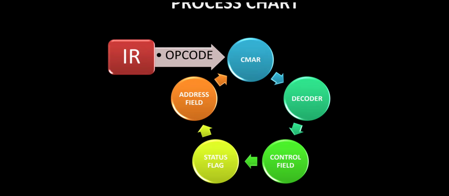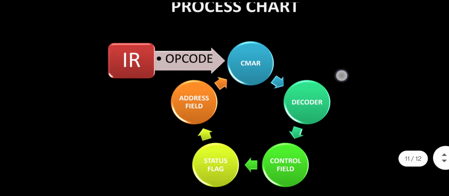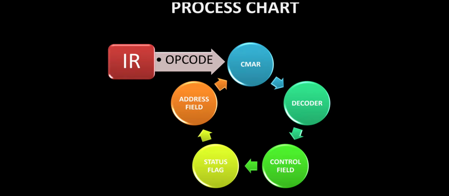The main function of the address field is to take the address of the next microinstruction and place it in the CMAR, and hence the CMAR does its job. This cycle repeats until we get the micro-operations that are used for the instruction to work. So this is the main theory of Wilkes' microprogrammed control unit.